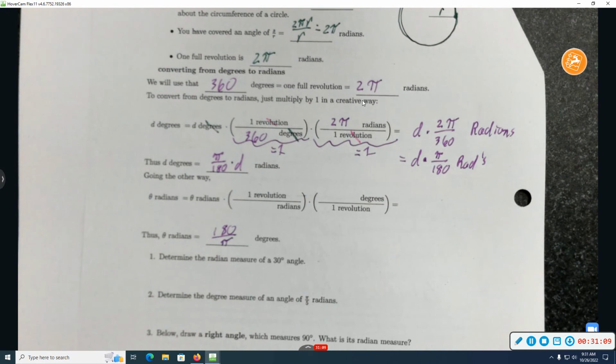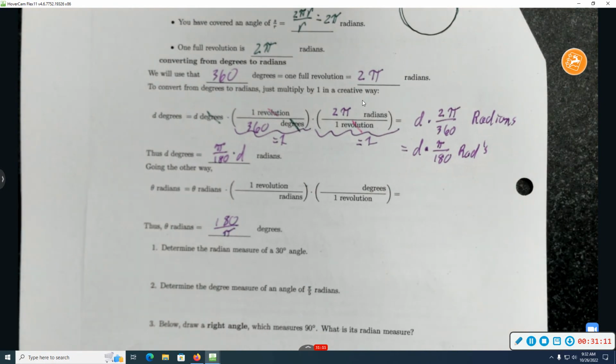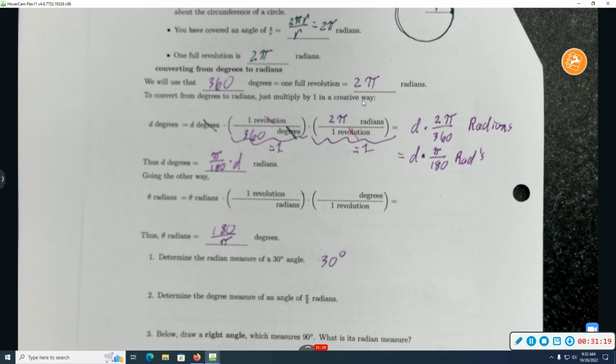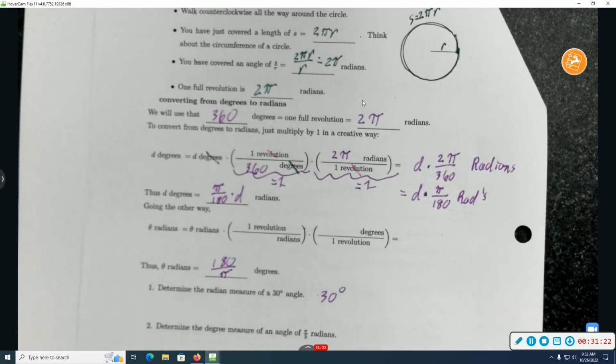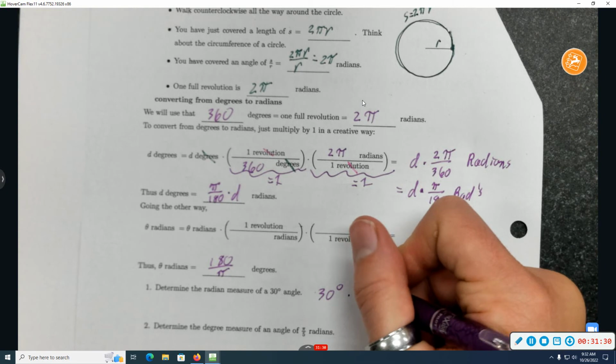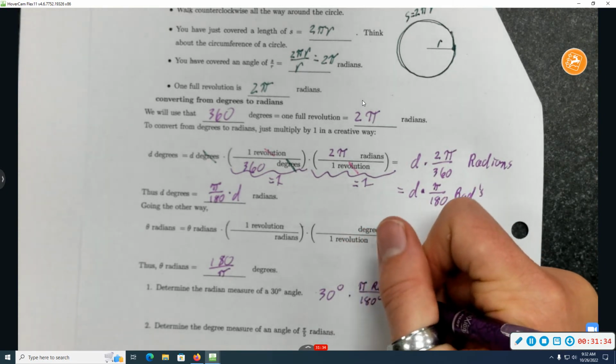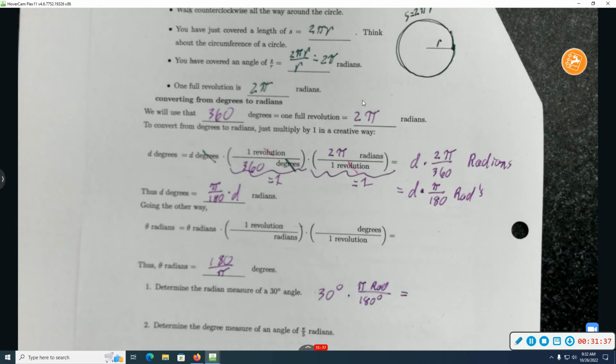And let's just do some quick conversions. What's the radian measure of a 30-degree angle? So to do that, you take that 30 degrees. I'd like to convert to radians. So I think here is the conversion that I want to use. 30 degrees times pi radians over 180 degrees. And in some sense, there's a final answer, but we should probably simplify that a little bit.